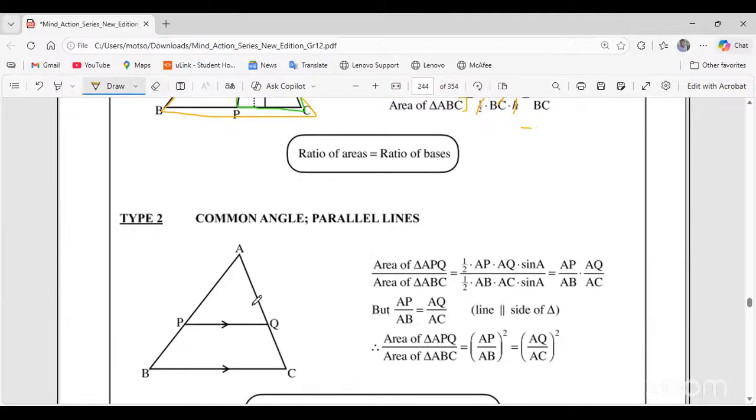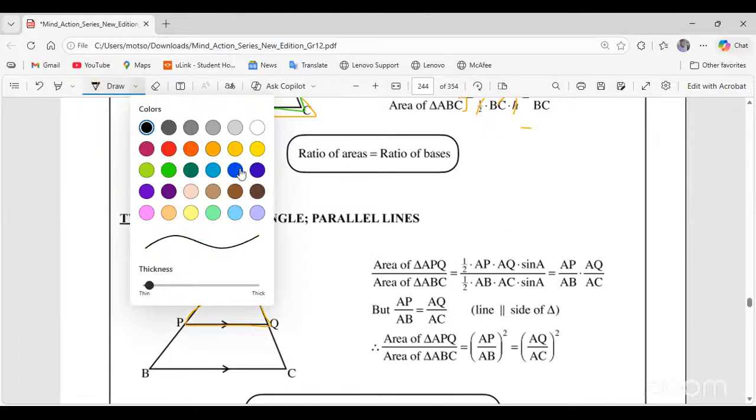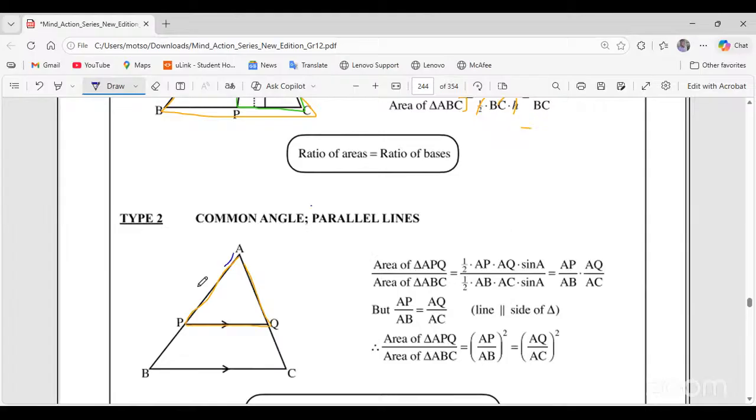This is our APQ, and this is our ABC. The area on top is the area of APQ, and the one on the bottom is ABC. We can see that all these triangles that I've highlighted share an angle A. That's the only thing that is common between these two triangles.